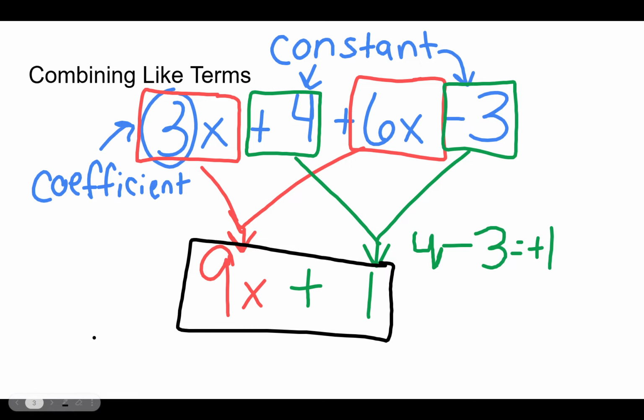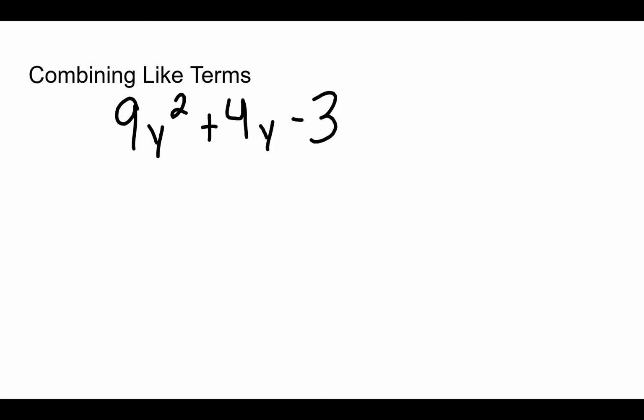Okay, let's do another example. This one's a little bit more challenging. Let's do it. 9y squared plus 4y minus 3y squared plus y. Okay, so we need to find our like terms first.